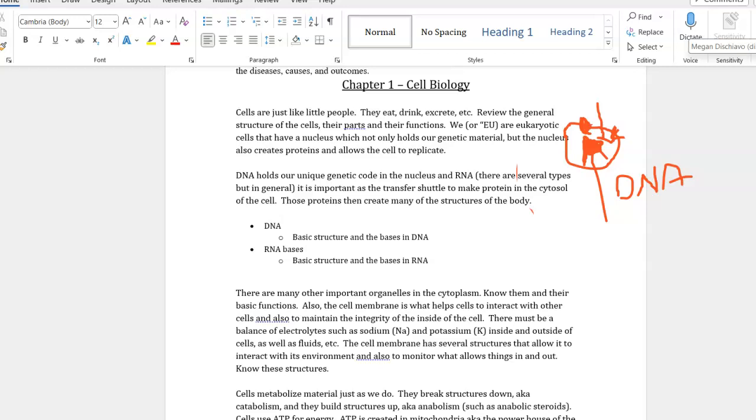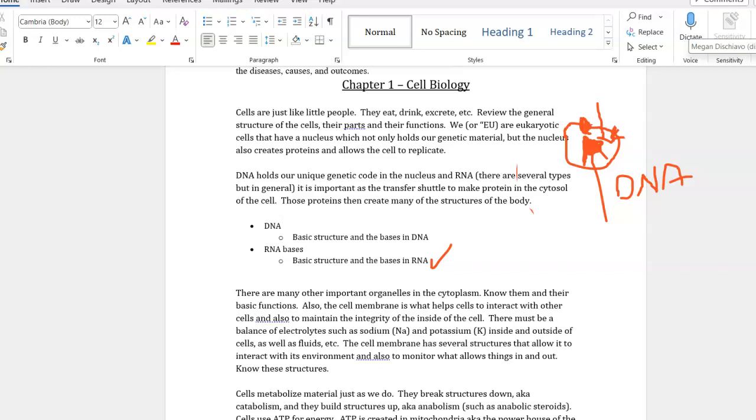RNA, if you remember, carries that code out to the cytoplasm. So DNA stays in the nucleus, RNA comes in and out, and it helps to create the structures of the proteins that are released from the cell and thereby create the structures of our body.